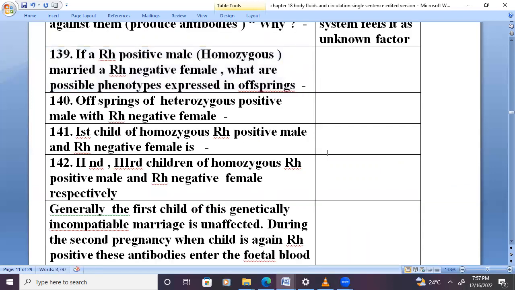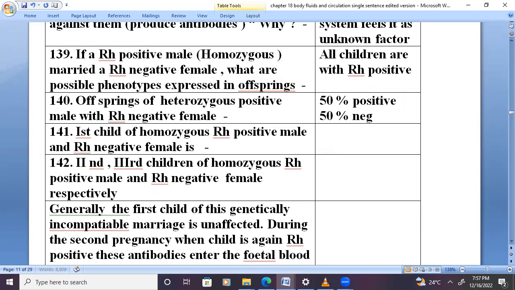If an Rh positive homozygous male marries an Rh negative female, what are the possible phenotypes expressed in offspring? All children are Rh positive. Offspring of a heterozygous positive male with an Rh negative female: 50% positive and 50% negative.